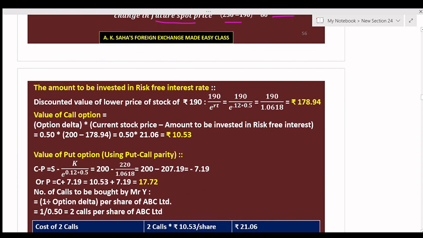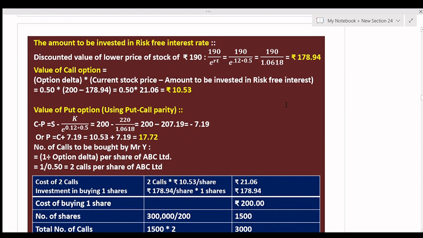The amount to be invested in risk-free interest rate, discounted value of lower price of stock of rupees 190, is equal to 190 divided by e to the power rt, that is equal to 190 divided by 1.0618 is equal to 178.94. Value of the call option, option delta multiplied with current stock price minus amount to be invested in risk-free interest, that is equal to 0.50 into 200 minus 178.50 is equal to rupees 10.53.